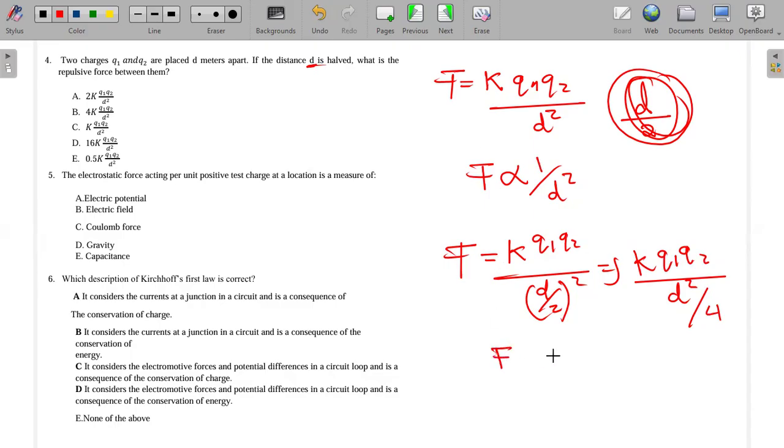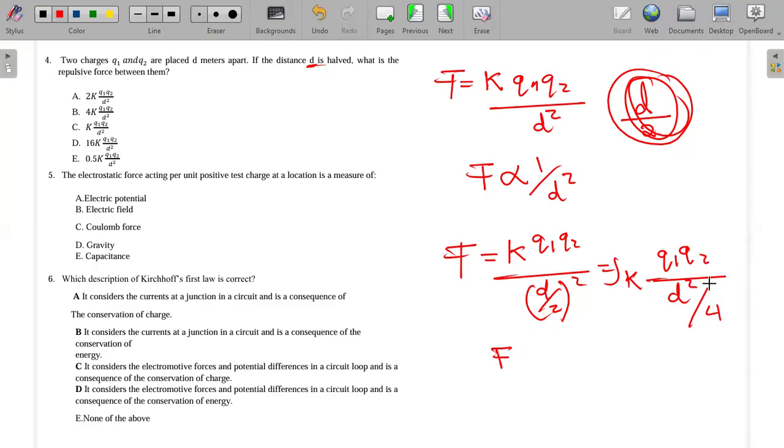That means our repulsive force will be equal to, let me write this one like this. I have my K being multiplied to these two guys that we have here.